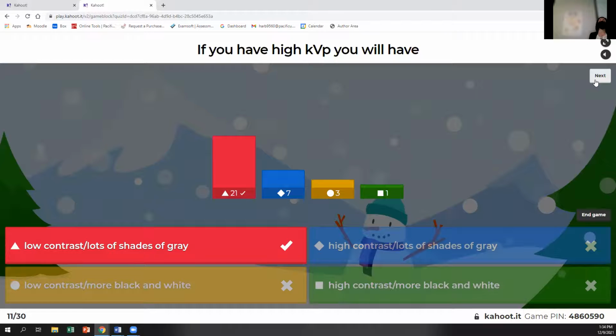Don't let me talk about it too long or else I'll say the wrong thing too. So low contrast is lots of shades of gray, which is optimal. That's what we want. And we get that with a higher KVP.